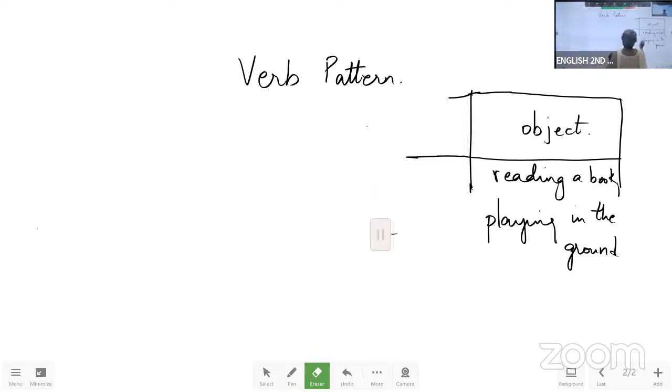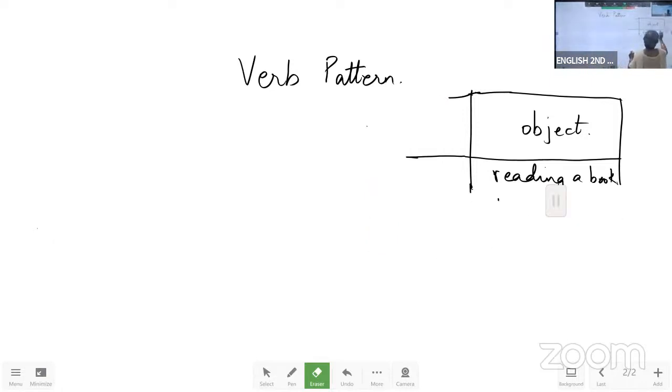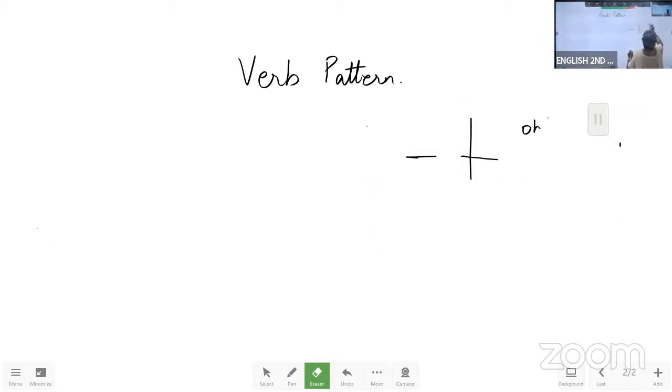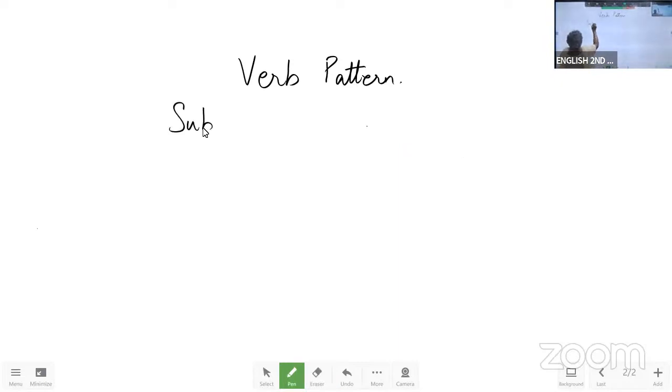The next is the intransitive sentence. I've already explained it, but again, I'm going to write it clearly on the blackboard. Subject, intransitive verb, and then any other expression.